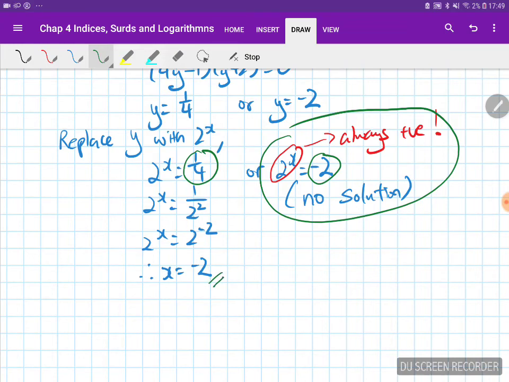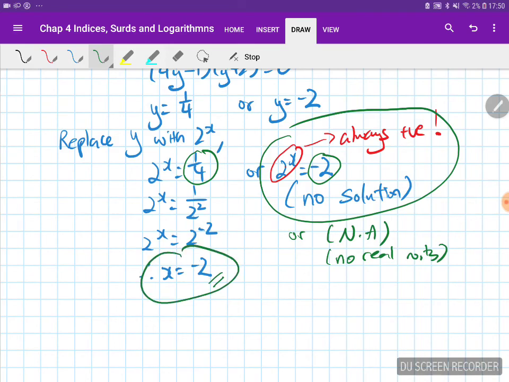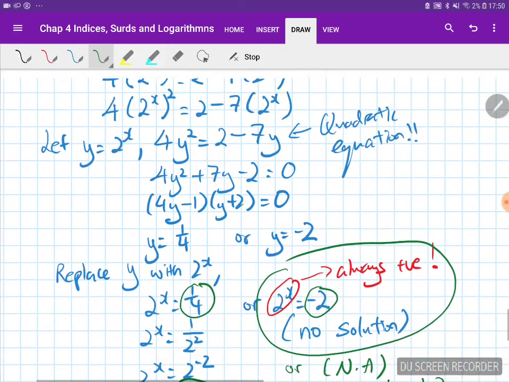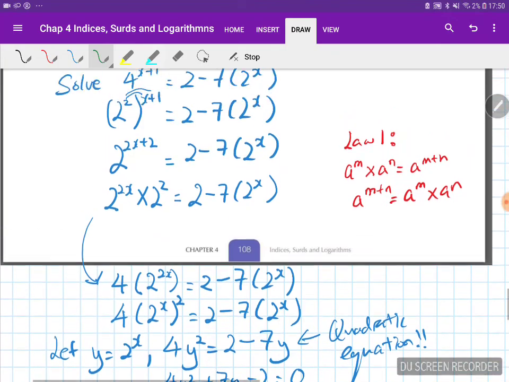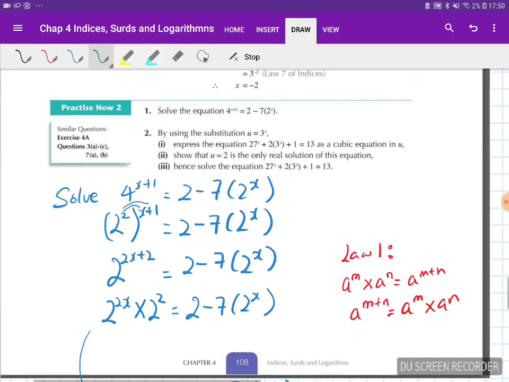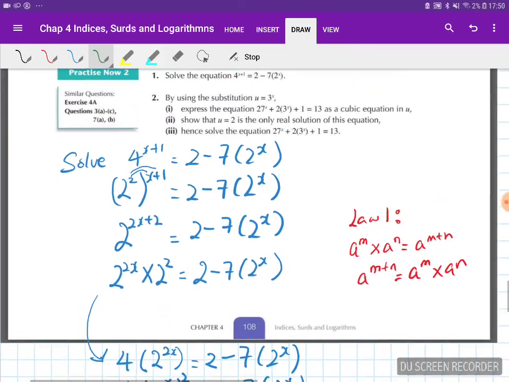So there's only one answer. You can write no solution or not applicable, or no real roots. So the only real root is x equals -2. That's the idea of solving the exponential equation using substitution.